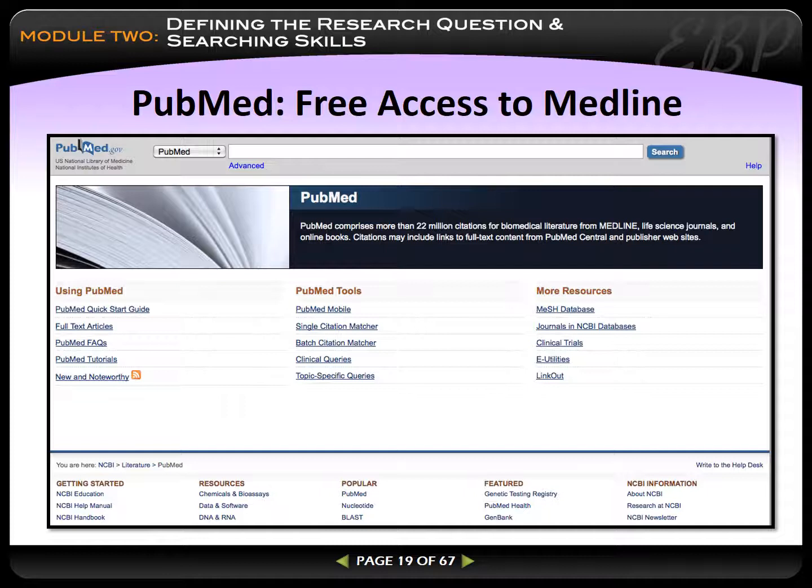But Medline uses specific medical subject headings or MeSH terms, the ME for medical, S for subject, and H for headings. And these MeSH terms, which you could also think of as keywords, but they're a little bit different, are put into the Medline database by experts in library services.